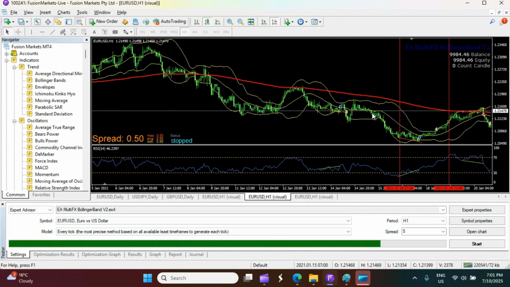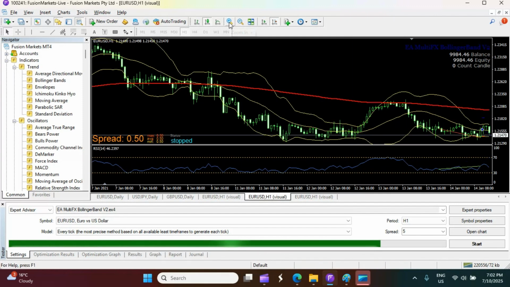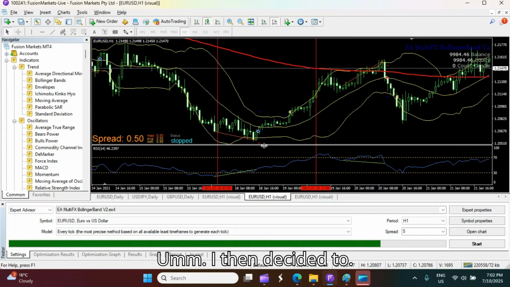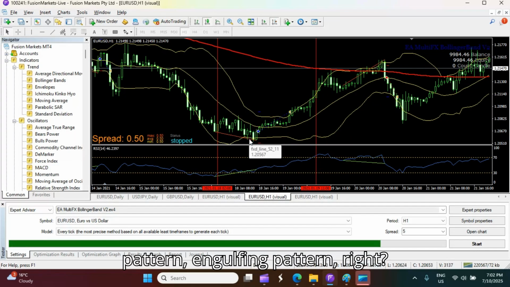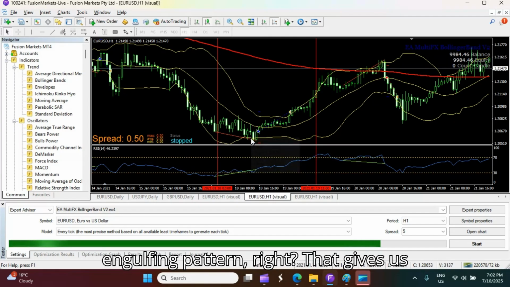So what I then did to evolve the bot a little bit more was look for a specific pattern, the engulfing pattern. Every time we make a trade, we need to ensure that there's also an engulfing pattern.